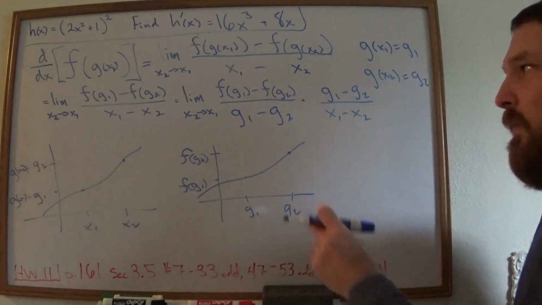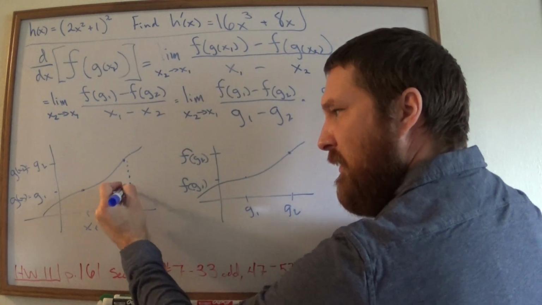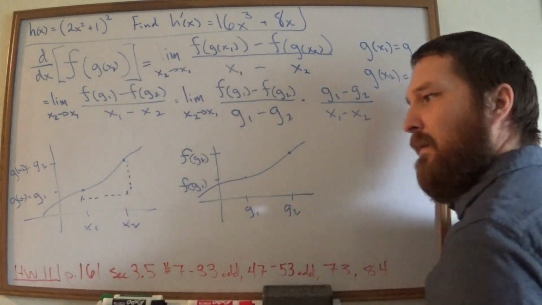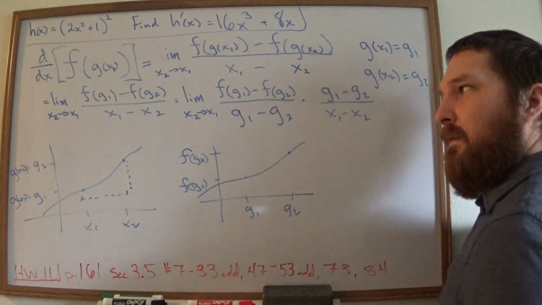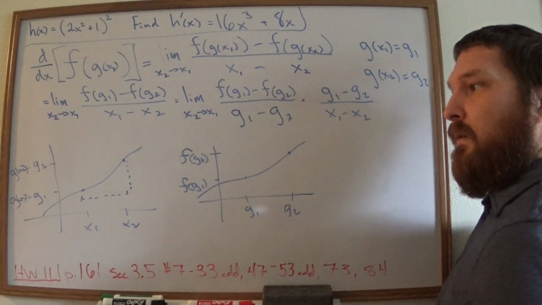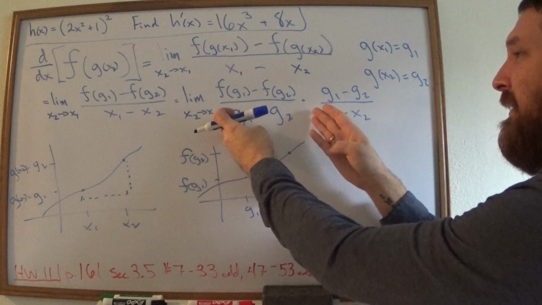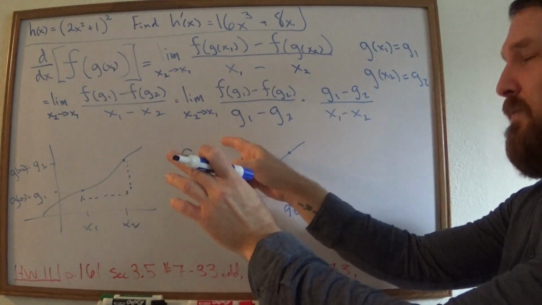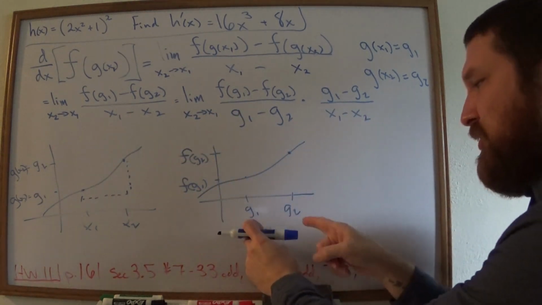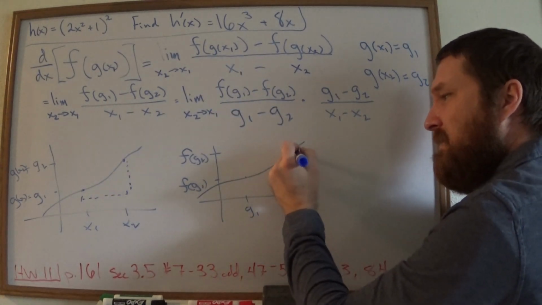And so this right here is the difference quotient for this guy. As x2 goes to x1, g2 goes to g1.